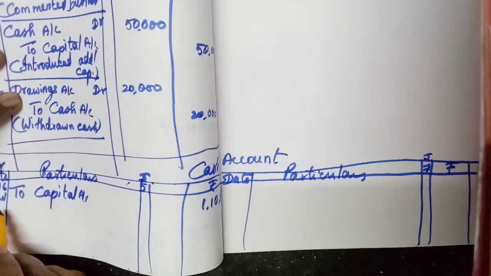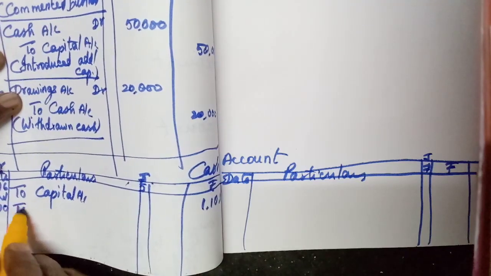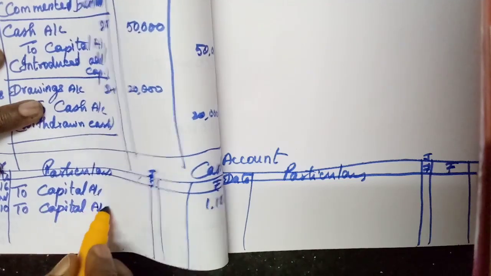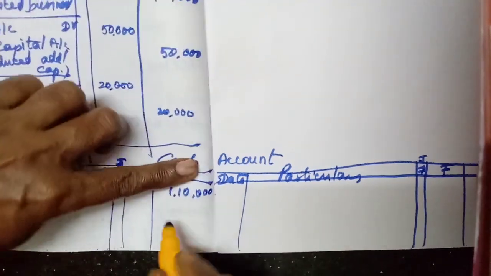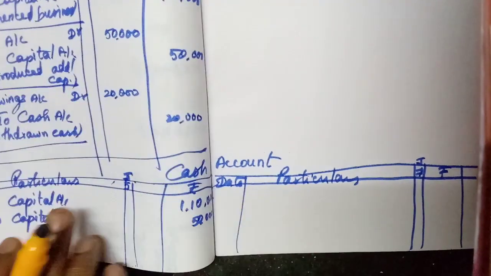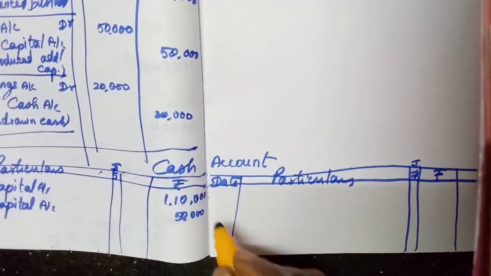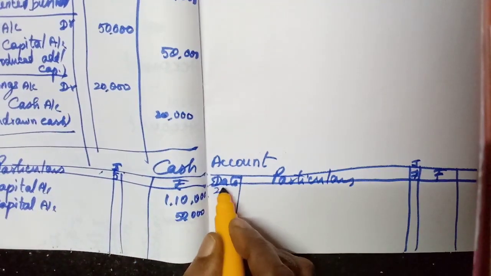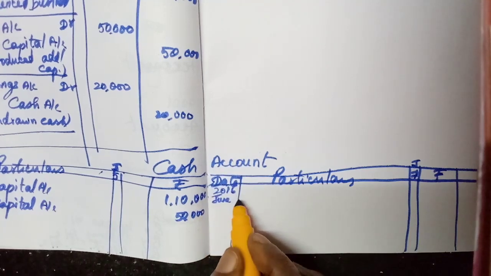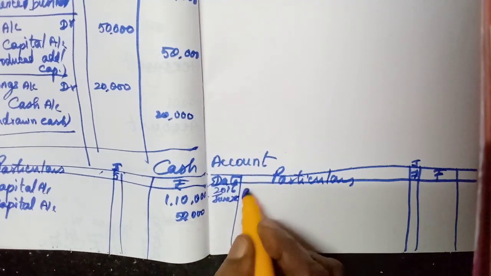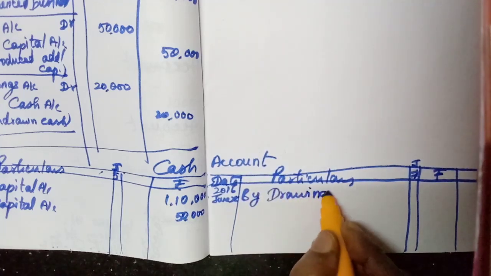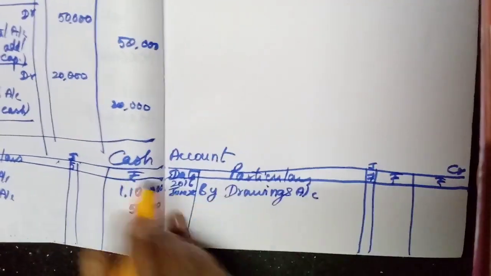So to, that date is 10, to capital account, amount 50,000. Then third entry, cash is credited, so credit side we should write. First the year, then month, then date 28, by drawings account, 20,000.